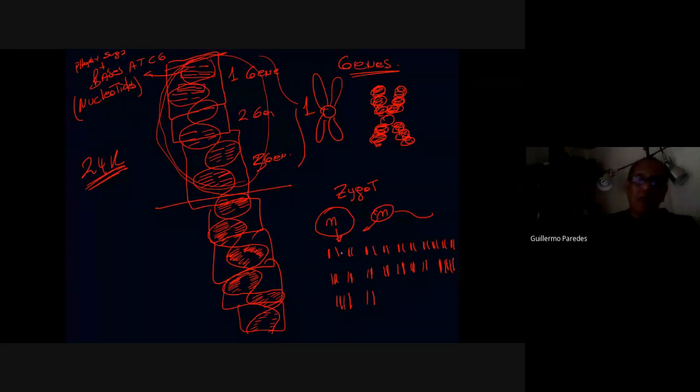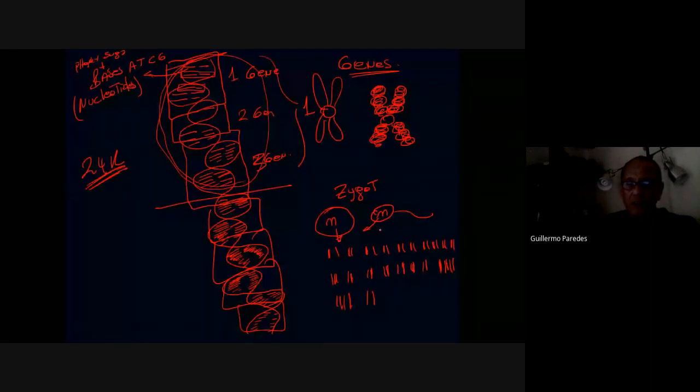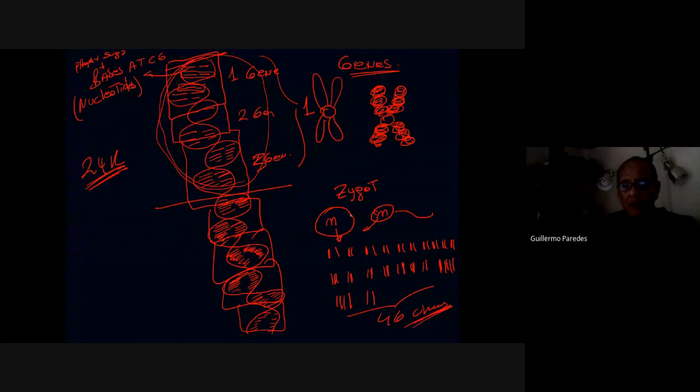Okay. So if you have 23 plus 23, that is going to be 46 chromosomes. Now, this happens during the zygote process. So the fertilization, fecundation, or conception, these are actually going to interact. Who is going to interact with whom?